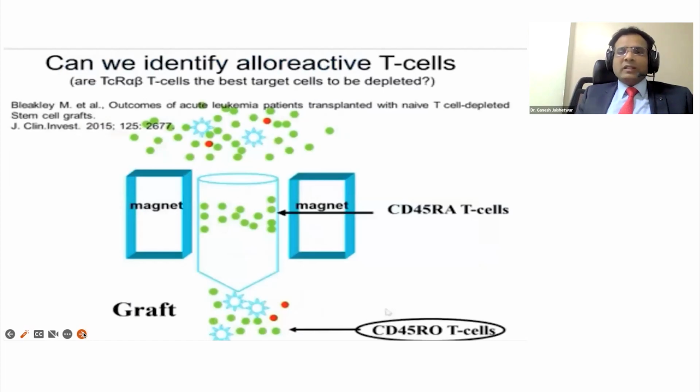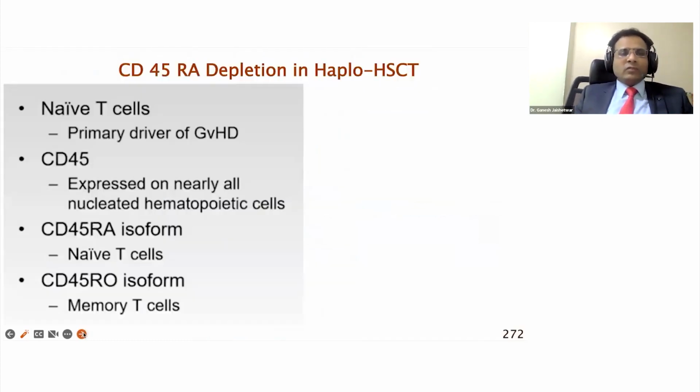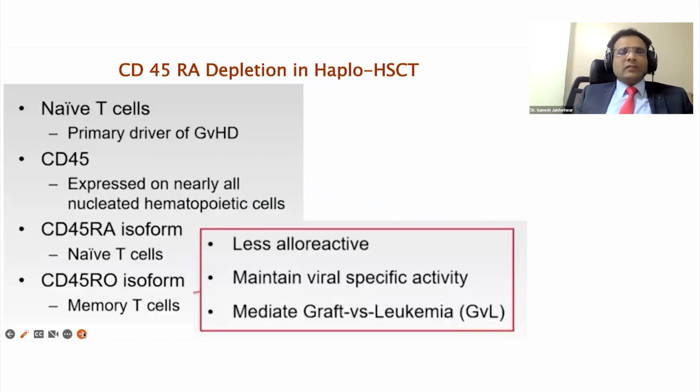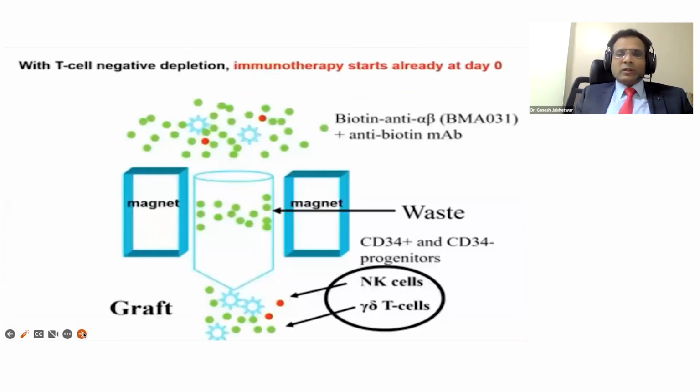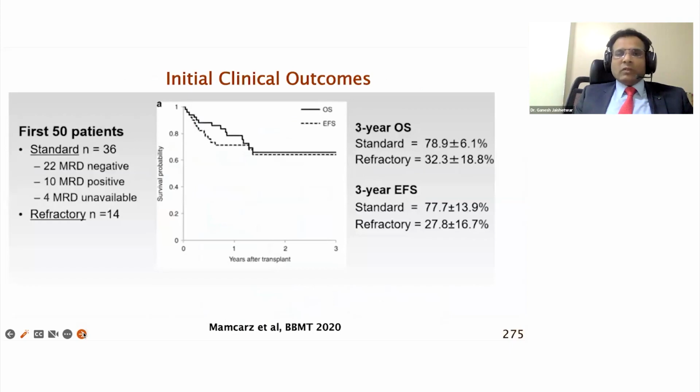They are removed by this new T-deplete platform, CD45RA depletion, and you add back CD45RO isoforms. CD45RA are naive T cells, whereas CD45RO are memory T cells, which are less alloreactive, maintain viral-specific activity, and mediate the graft versus leukemia effect. So amongst the T lymphocyte subsets, CD45RA negative, RO positive T cells are better, and you add back those RO positive T cells for better outcomes. Again, the outcomes are much better.